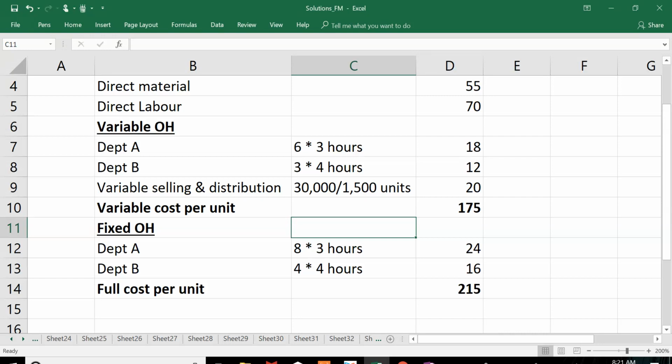Minimum selling price when the product is newly introduced will be 175, and well established is going to be 215.